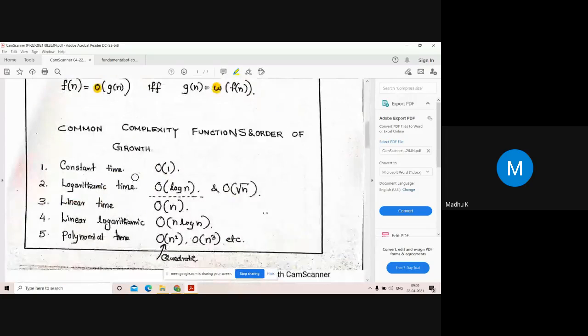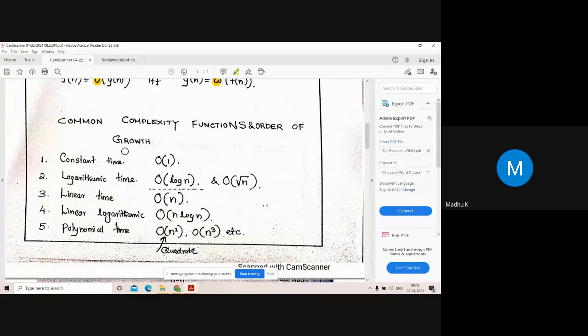Next, we are moving to the different complexity functions. Now we will study different time complexity functions. In this topic, we are understanding the common complexity functions we use, and the order of growth is a very important concept.